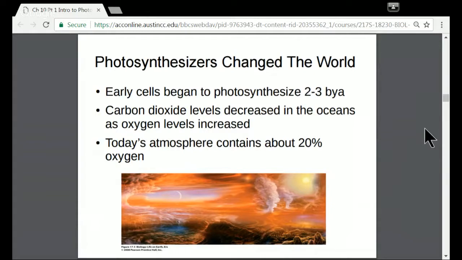Right. Now, to give you a little historical perspective on photosynthesis and why it's important, I want to tell you about something called the oxygen revolution. If you imagine the Earth somewhere between 2 and 3 billion years ago, you have to imagine a pretty different place. The atmosphere of the Earth at this time was pretty toxic.